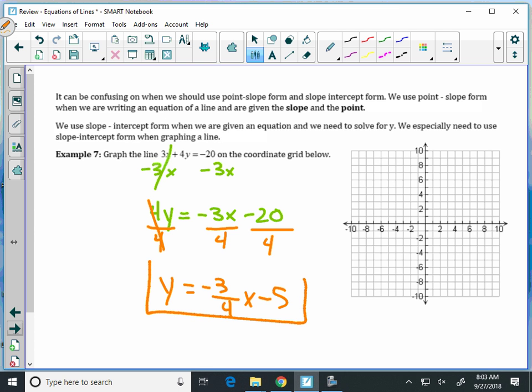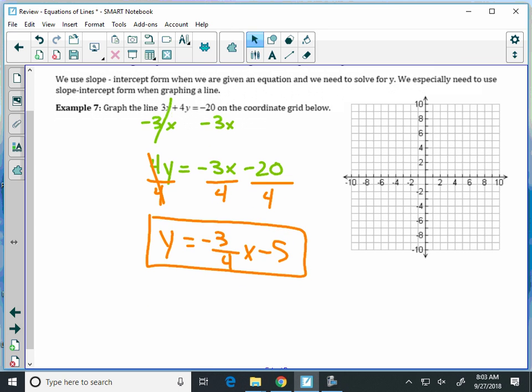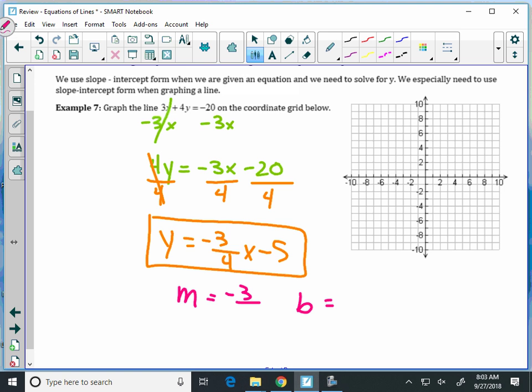Y is now by itself, so now we can graph it. In order to graph, we need to figure out, what's my slope and what's my y-intercept? So we look at that. Cassidy, what is our slope? Good, negative 3 over 4. And Diego, what's our y-intercept?